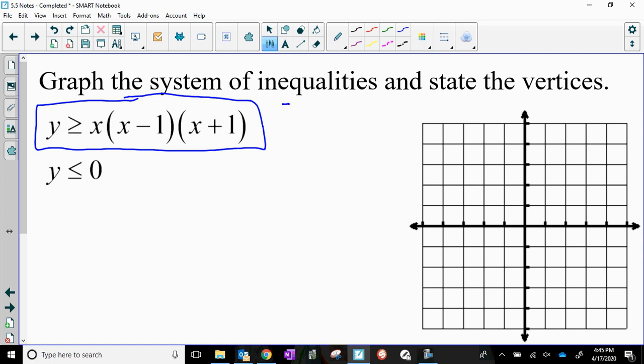And the zeros of this polynomial are 0, 0, 1, 0, negative 1, 0. And if I multiply it all out, it'd be an x cubed. So the end behavior, left side goes down, right side goes up, no multiplicity. This is going to be solid. So let me go plot those points.